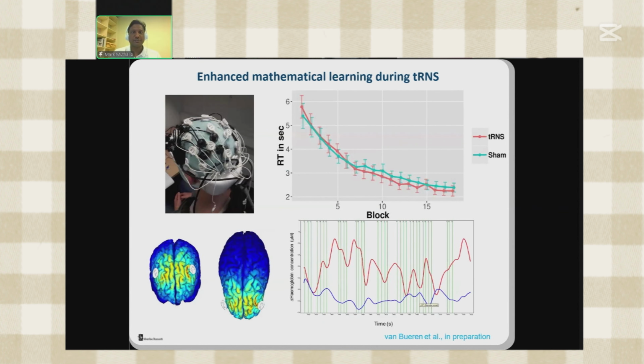Some other applications, we used a large Starstim system, which allows multi-channel stimulation and EEG measurements, with an Artinis Brite system that measures up to 27 channels. In this case, we used 8 of these channels. And we looked at providing a random noise stimulation to see if we can enhance the learning effects.